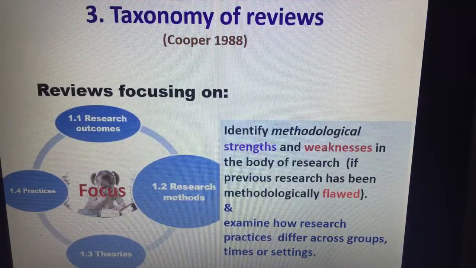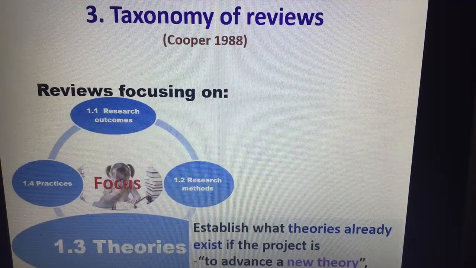Second focus can be research methods. In this one, you are identifying the strengths and weaknesses in the body of research, if previous research has been done and flawed in methodology. Or you want to examine how research methods differ across groups, times, or settings. A final one will be relating to theories.